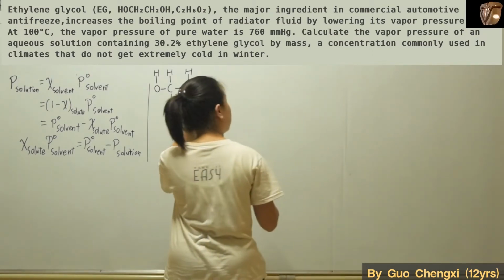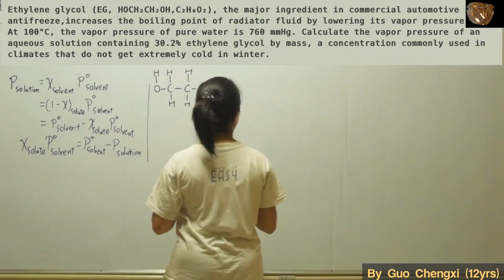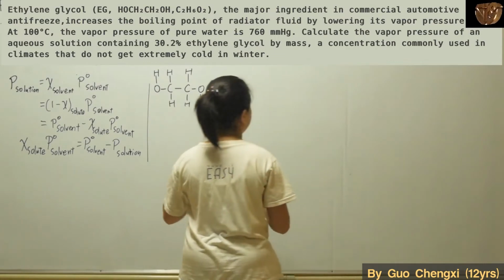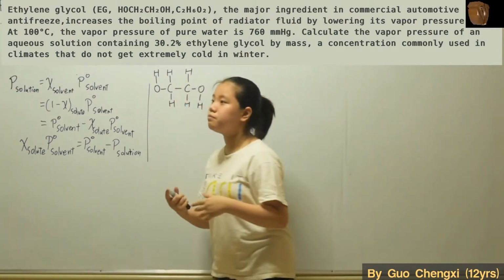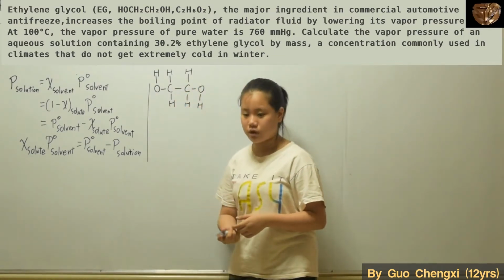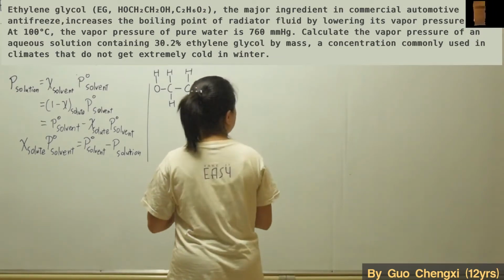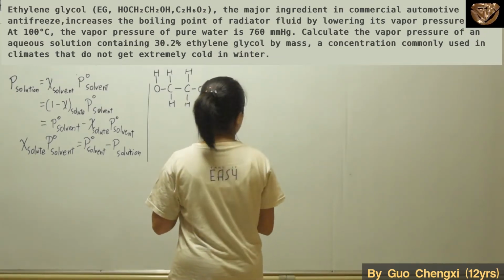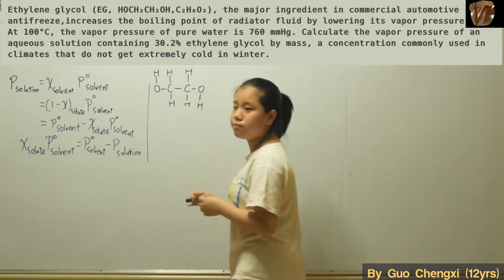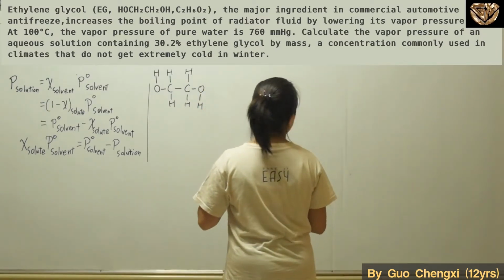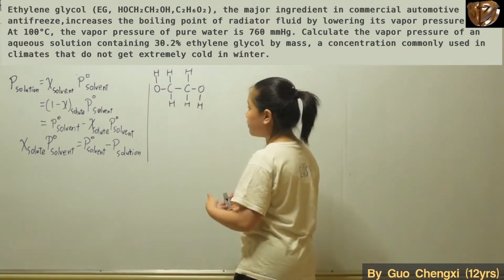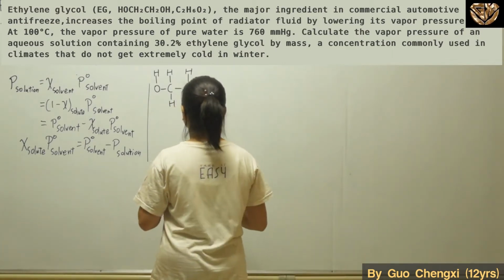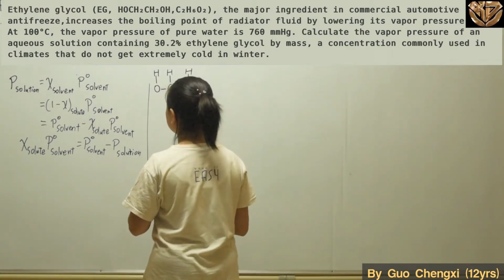As you have most probably learned before, pure water boils at 100 degrees, right? That is basically when the vapor pressure of the pure water and the pressure from the atmosphere are equal.